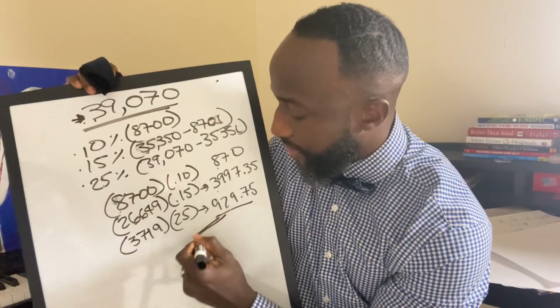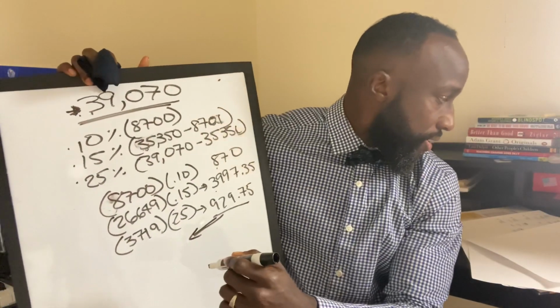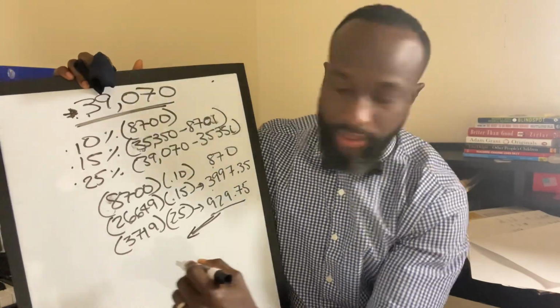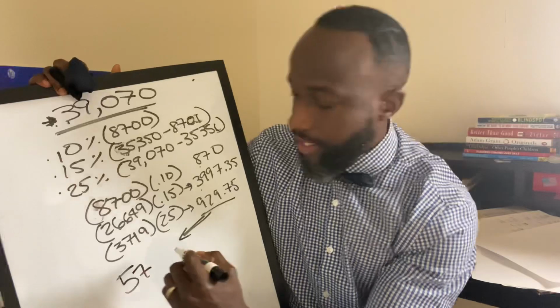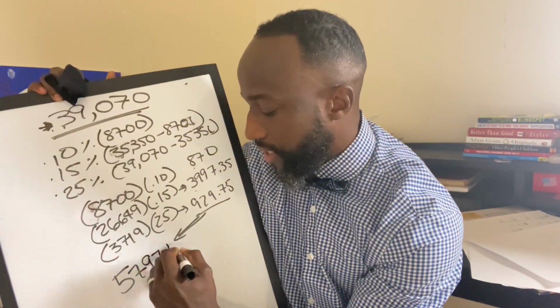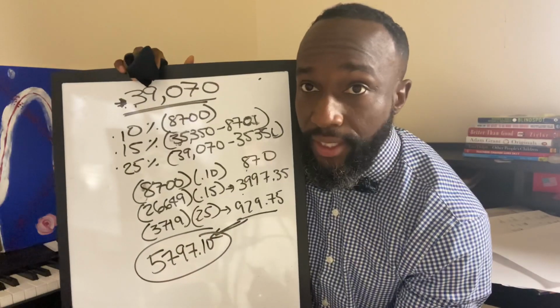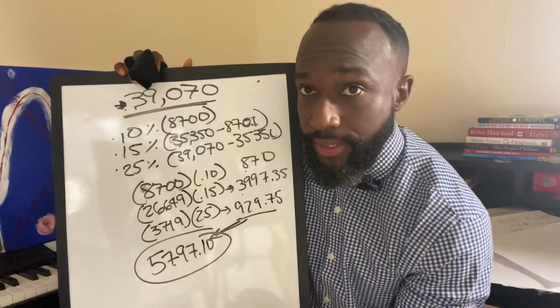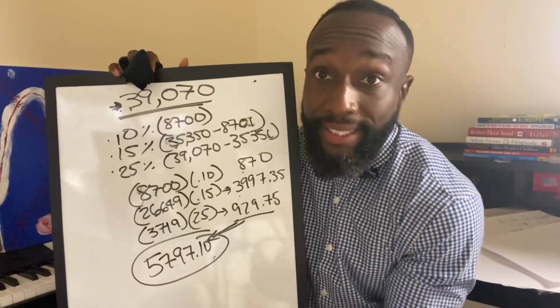And that's going to give us an income tax amount of $5,797.10. That's how much he owes the federal government for income tax, right? So that's the federal income tax. Okay, so that's it in a nutshell.